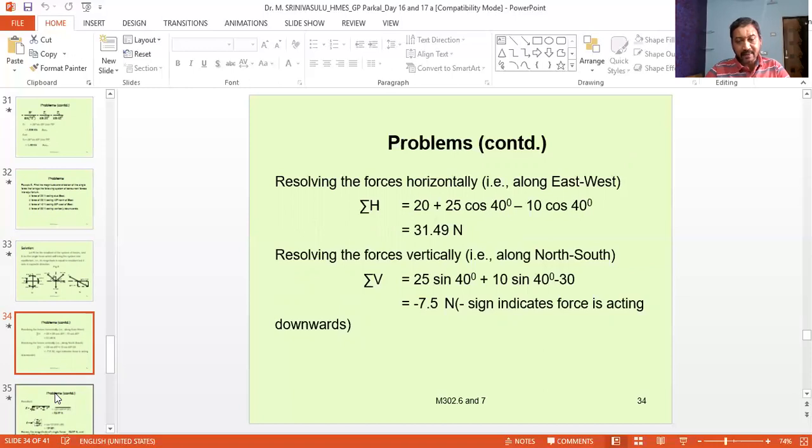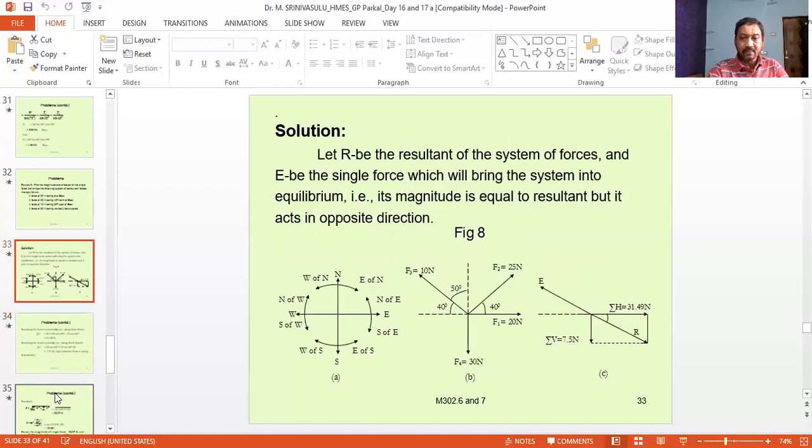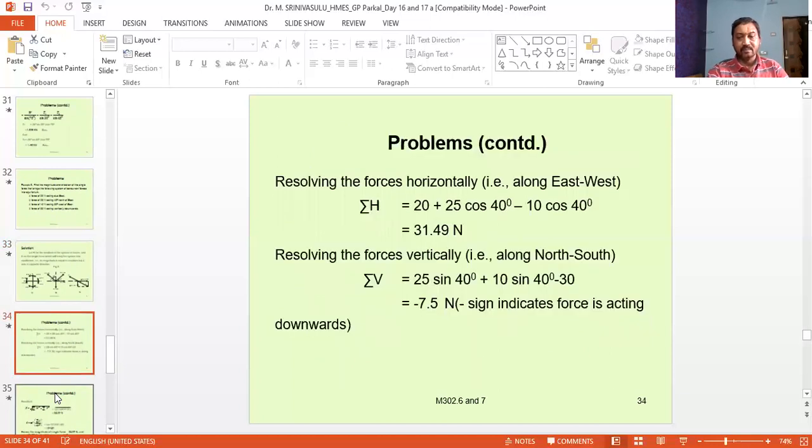The algebraic sum of the components of the vertical forces, sigma V, is equal to, if you see the figure, 25 sin 40 plus 10 sin 40 minus 30. So it becomes minus 7.5 newtons, and the negative sign indicates the force is acting downwards. Sigma H is positive, so it is acting in the rightward direction.